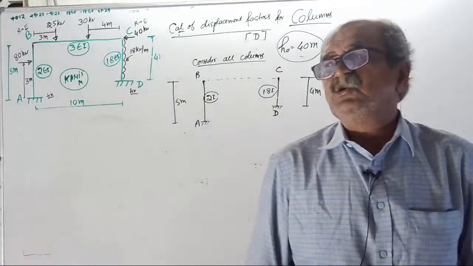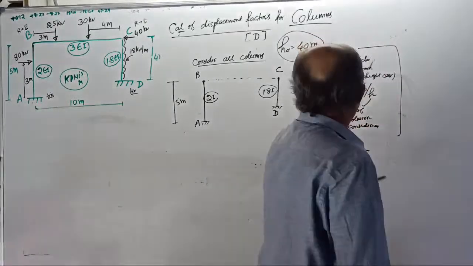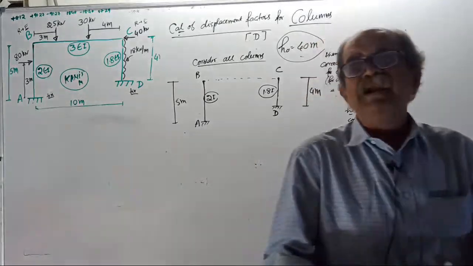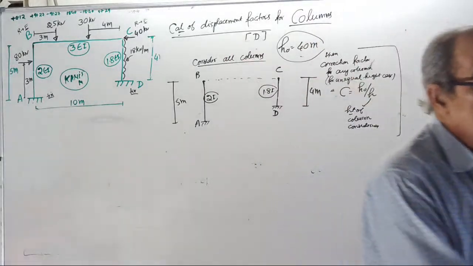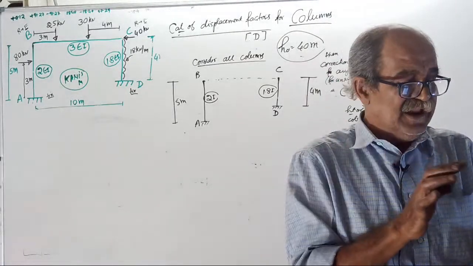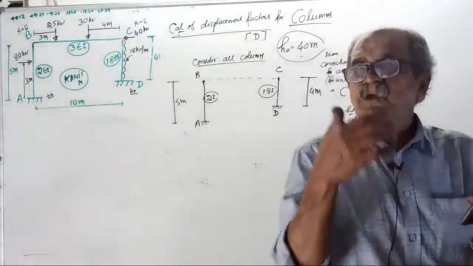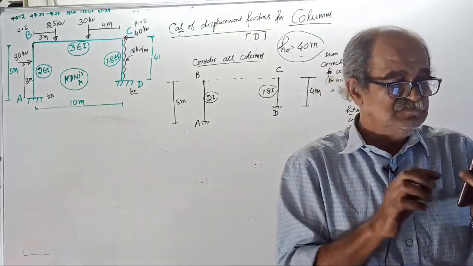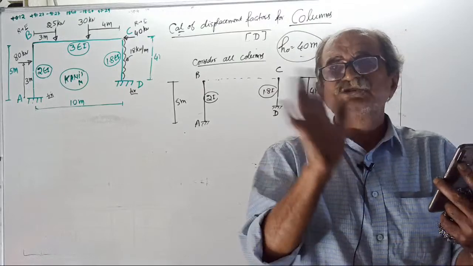And C is used for multiplying. So do you have to consider C? You completely skip that number. Do you have to write anything about C? You do not use C. Clear now? If at all you use it, 1 you have to write, and it is used for multiplication. Clear? Do not use C.